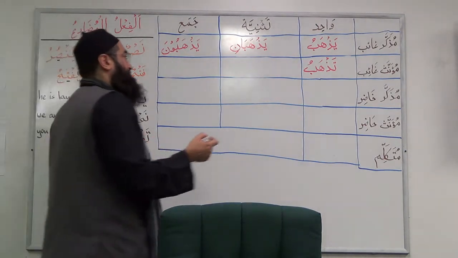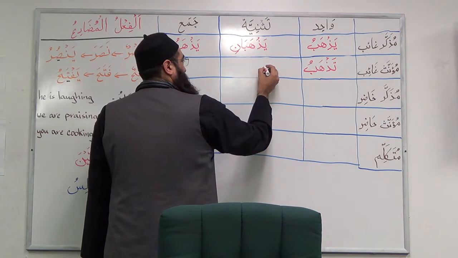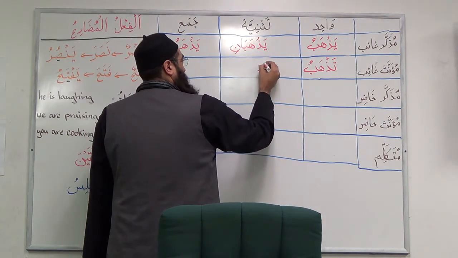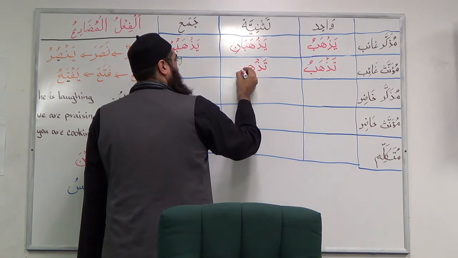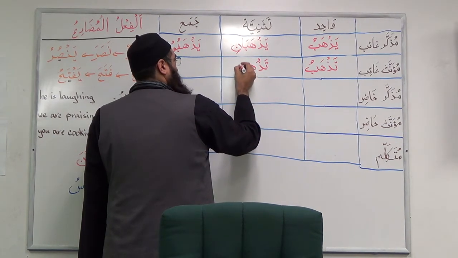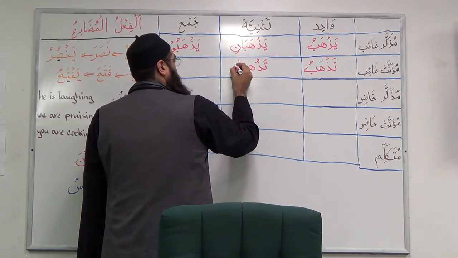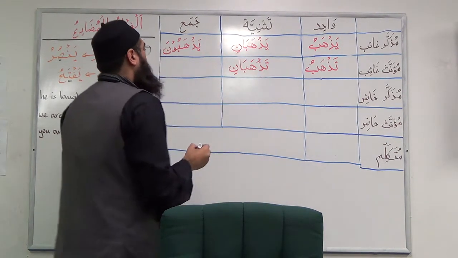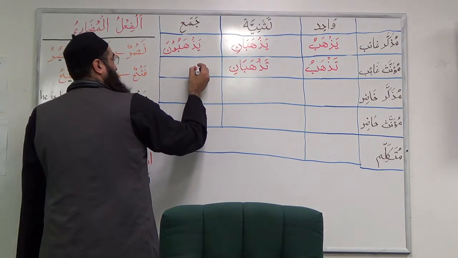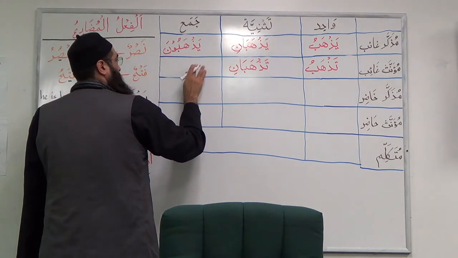Tadhabu. Alright, so this one, we're adding a ta in the beginning. And then, what are we adding after the ba? Two letters. Alif, okay, good. And a noon kasra. Alright, tadhabani. And then this one has a ya. Let me put it a little bit to the side.